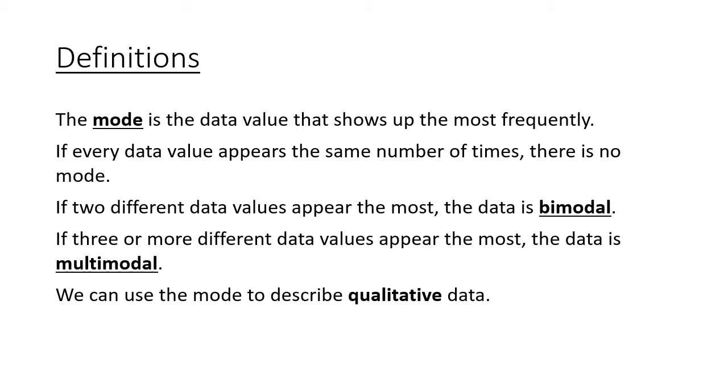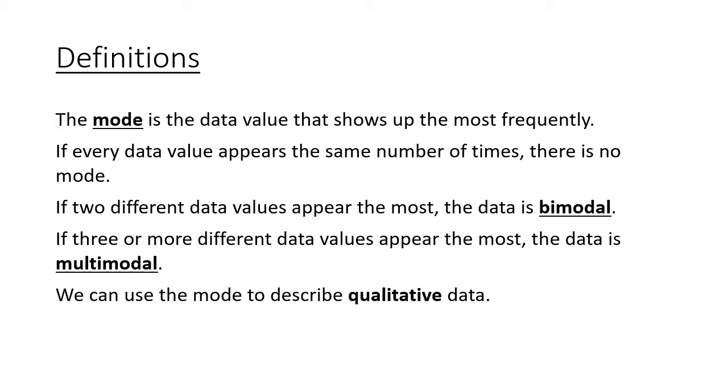Sometimes even 3 or more data values appear the most, and then we say the data is multimodal, although when lots of data values start showing up with the same frequency, you start, again, getting into that gray area. Well, is it multimodal or is there really no mode because nothing's really showing up the most? And again, there's a little bit of ambiguity and a little bit of art to statistics there.